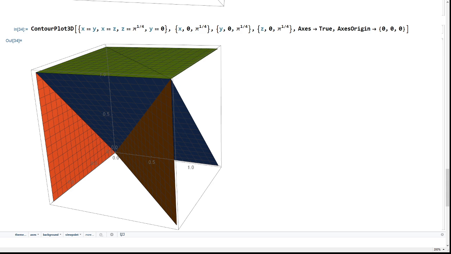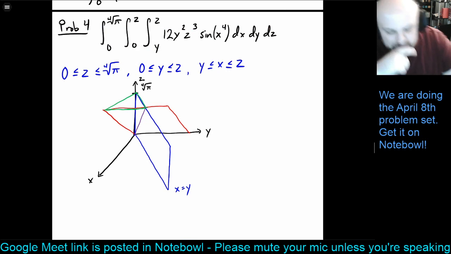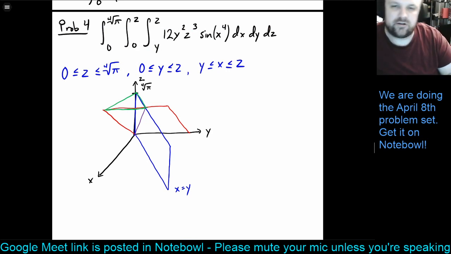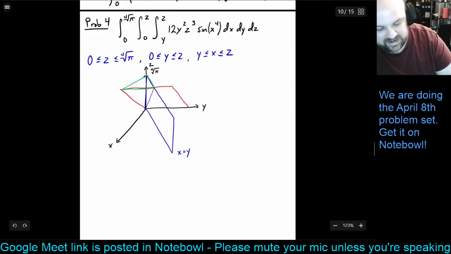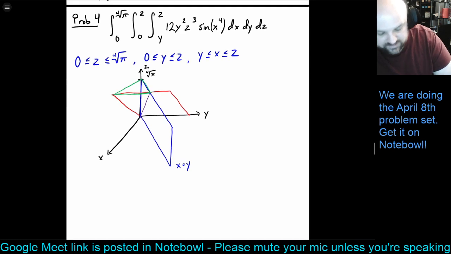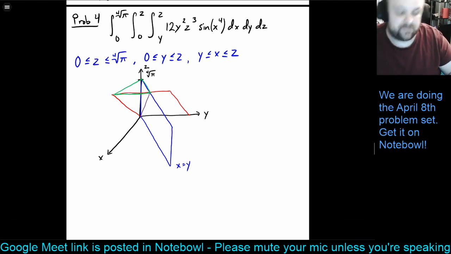All right, so let's swap back over here. Now, we know we can't integrate x first. So we have to integrate anything other than x first. There might be one of them that's better to do than the other.